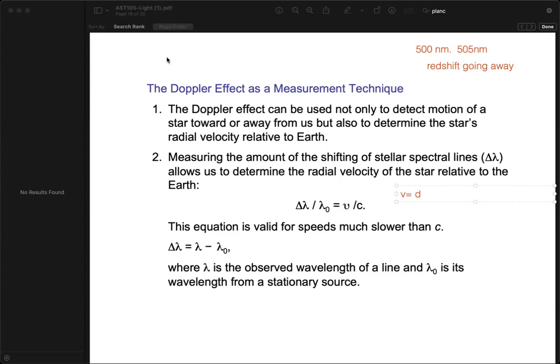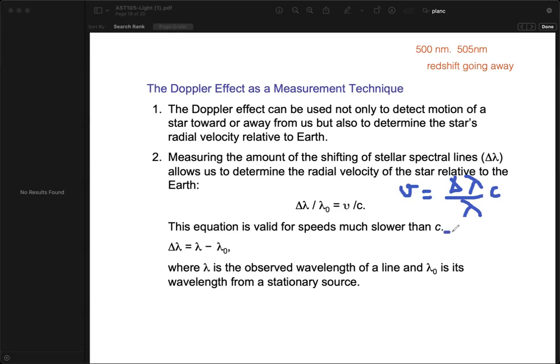I will have to use the drawing function to write this. So the equation becomes v is equal to delta lambda over lambda times c. So that's how it looks.